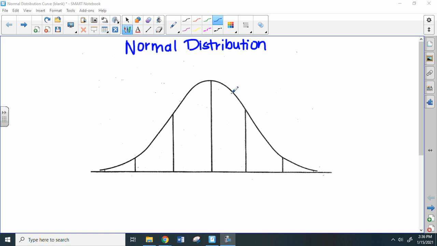What that means is that you are given data, and the data is spread out in a way that makes this bell-shaped curve. What you need to know about this curve is that the total area under the curve equals 1.